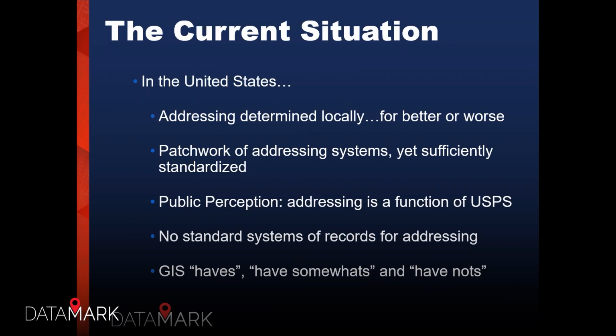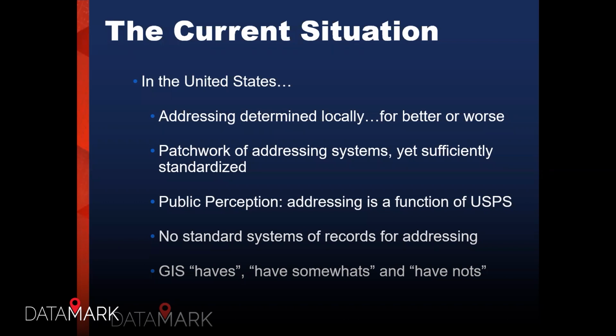In the United States, addressing is determined locally, for better or for worse. Some entities do a real solid job. They're very consistent, very accurate. Other entities find it to be a necessary function instead of one that they're eager to perform, which leads to a patchwork of addressing systems and not sufficiently standardized.